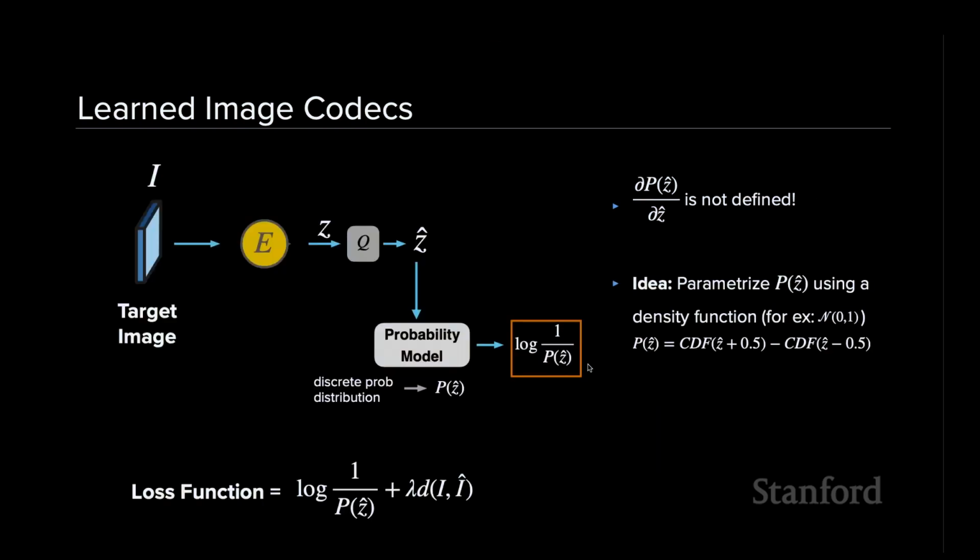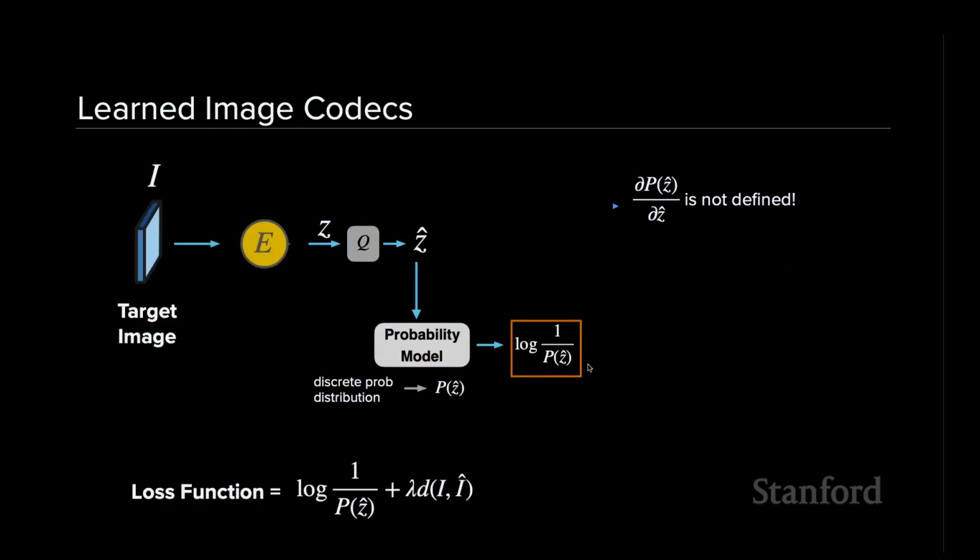But we have a bigger issue at hand, which is I also don't know how to compute this gradient, right? The gradient of probability of z hat with respect to z hat. Remember, z hat is discrete, right? So this probability distribution is really a table. For each z hat, I have a p of z hat. How do you differentiate back through this table?